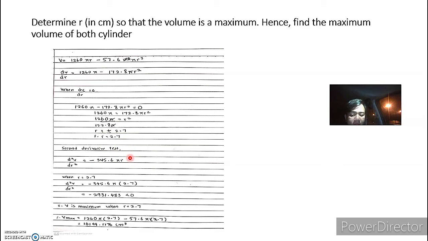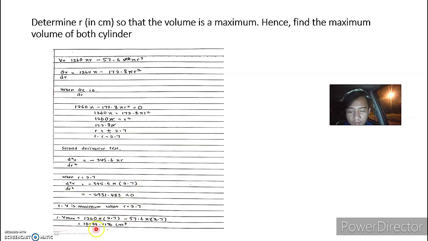To find the maximum volume, we must use the second derivative, d2V/dr square, and the answer is negative 345.6 pi r. When r equals 2.7, d2V/dr square equals negative 345.6 pi times 2.7, which equals negative 2931.483, less than 0.